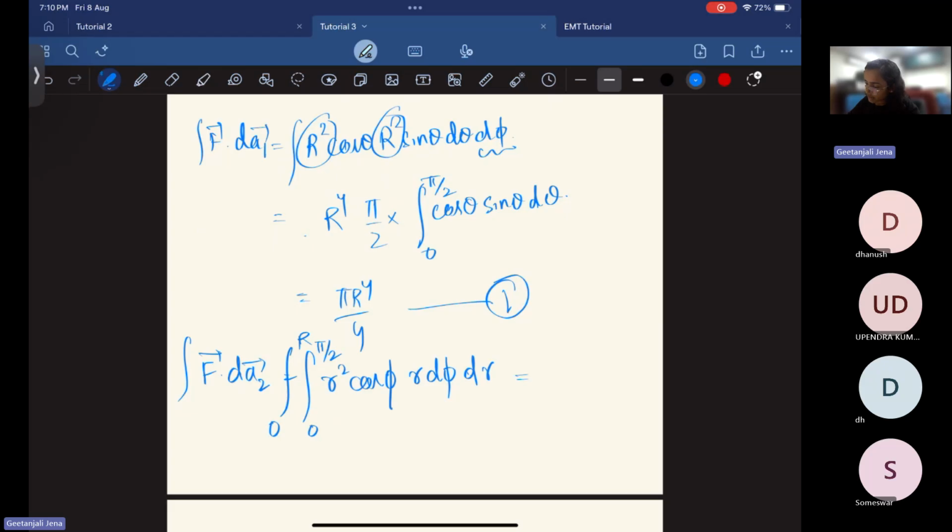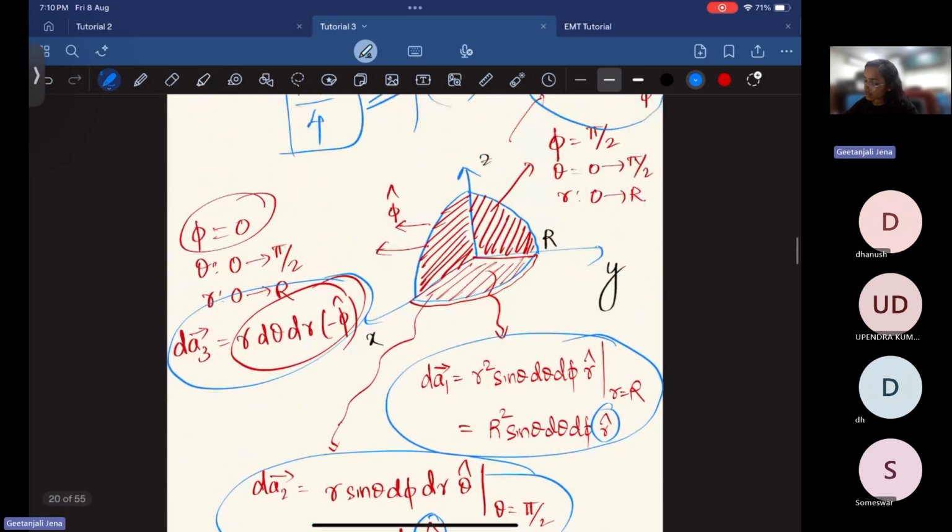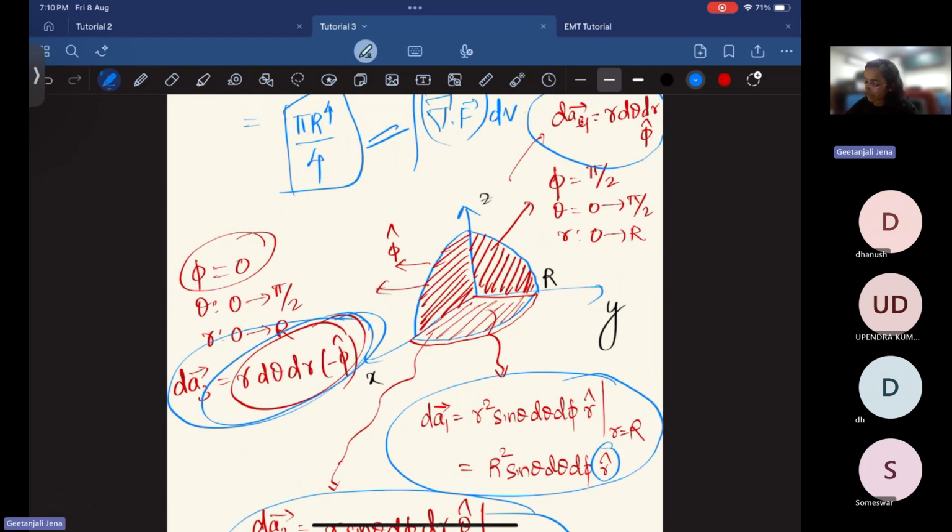Just calculate it, it will give r to the 4 by 4. For the third one, dA3, this is in the phi direction, the phi cap direction.